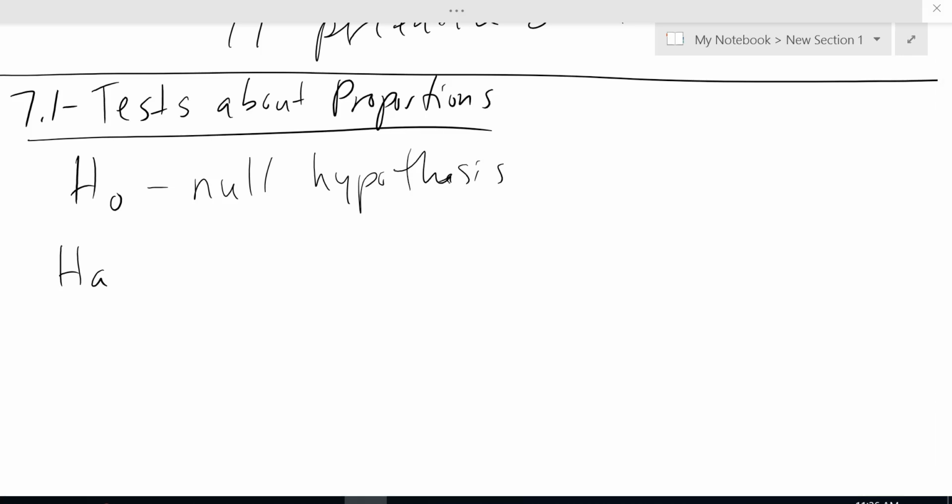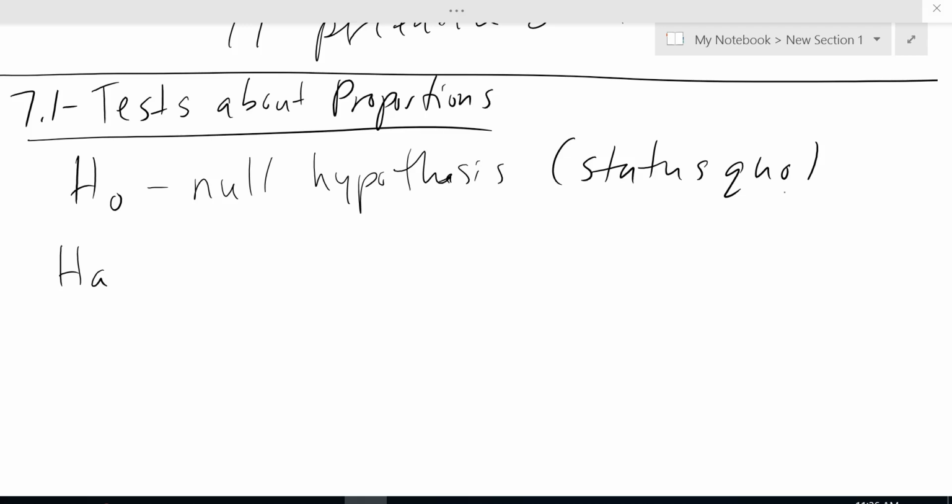Your book refers to it as kind of your no change hypothesis. This is what I like to refer to as the status quo. This is what we think is going on now, or someone thinks is going on now.